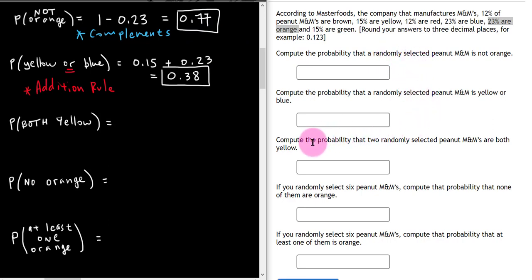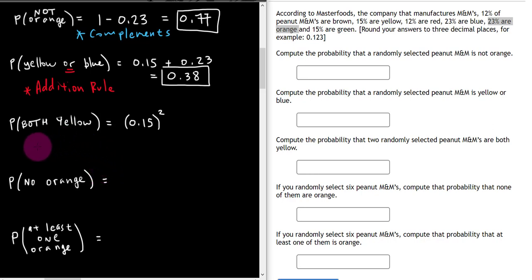For the next question, it is assuming there are two M&Ms being chosen. And here we want the probability that both are yellow. Since 15% are yellow, and assuming that the two M&Ms selected are independent, then we can just square that quantity.